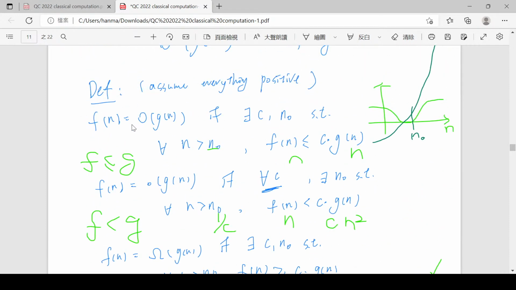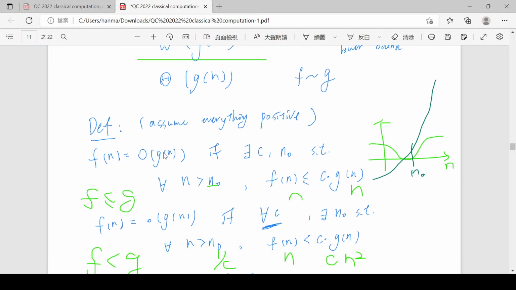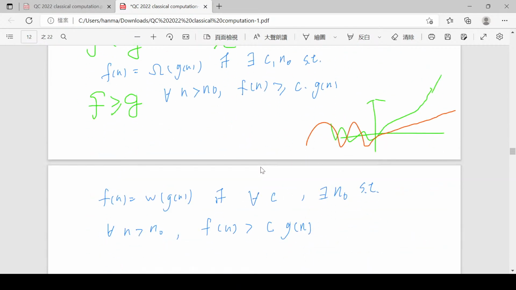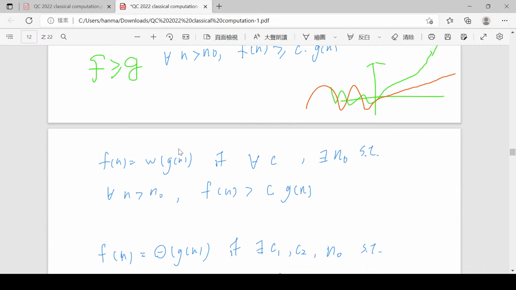And usually, for complexity, we only think about positive F and G, because F and G are going to be the cost to your algorithm, like the time cost or space cost, and obviously the costs are positive.